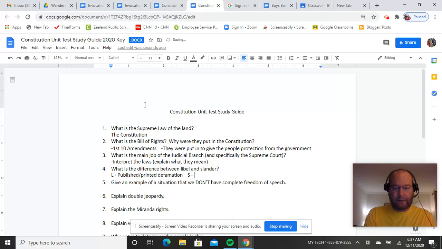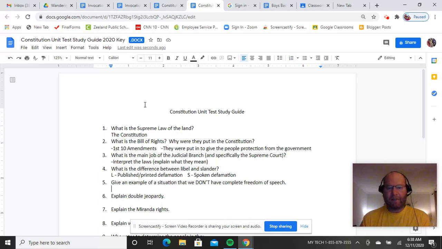Slander is spoken defamation. Remember, that has to be done on purpose in order for someone to be found guilty of doing that. So these are limits again on your freedom of speech. You can't print something or publish something or say something when you are 100% darn well knowing that it's going to hurt their reputation or damage their reputation. That's defamation.